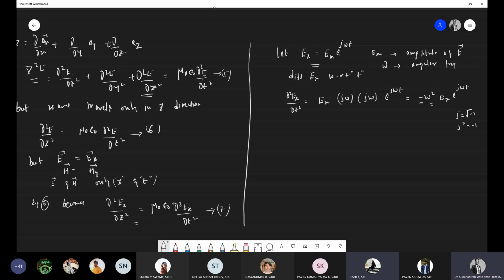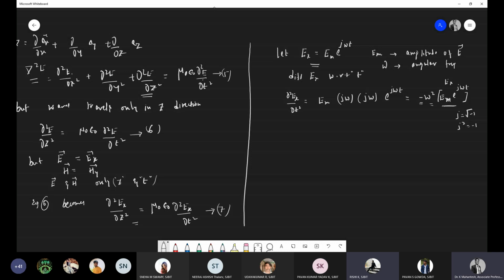Em e power j omega t, but we know that Em e power j omega t is equal to Ex. So this coefficient will be equal to Ex.